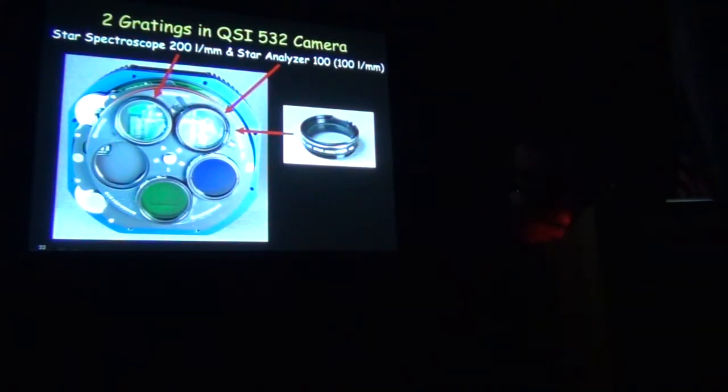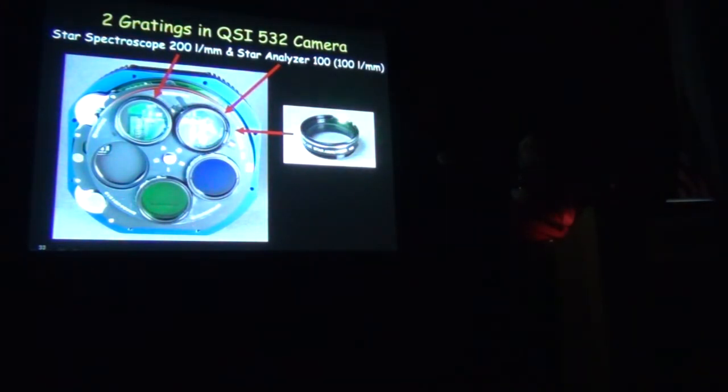That's what you do. You take the Star Analyzer, a 1¼ inch filter, and you mount it into a CCD camera wheel. There's also a star spectroscope, which is 200 lines per millimeter, mounted next to it. This is clear with no filters in it, and these two filters are for photometry.